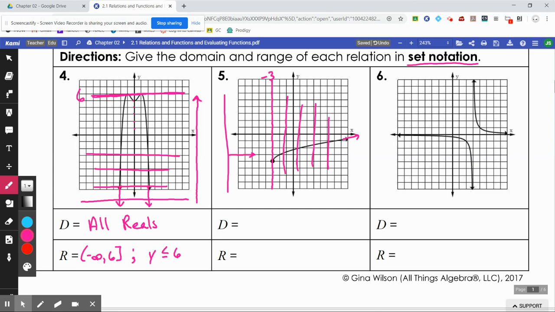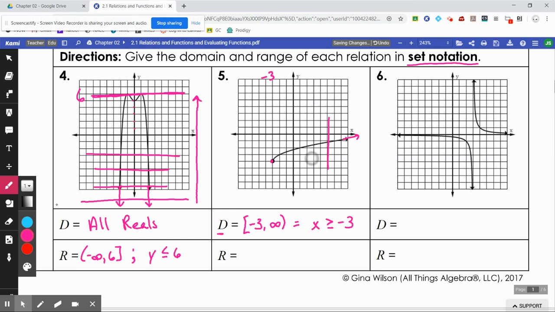So your domain here in interval notation would be all values from, it starts at -3, and notice that -3 is included because it's a closed circle, all values from -3 forever. Or in inequality notation, you could say that would be x is all values, and the reason I use x is because it's domain, that's a set of all x's. All values greater than or equal to -3 would be your domain.